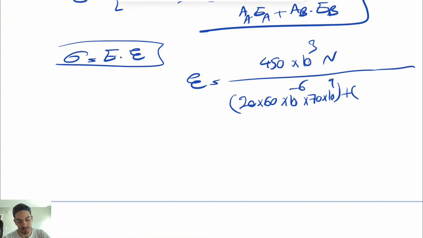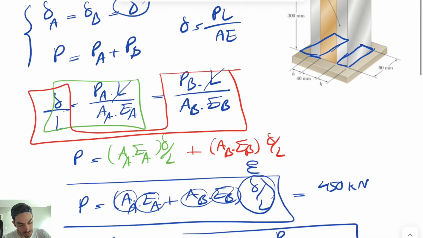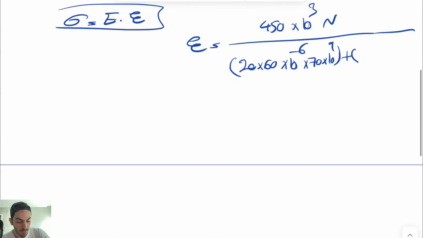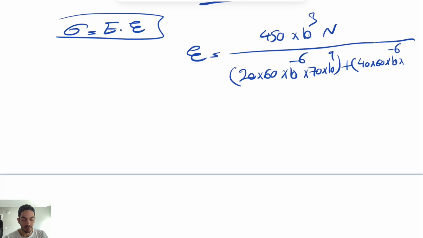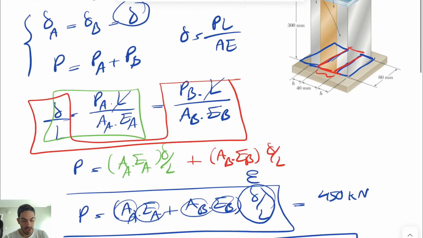I'm just going to have the same thing for brass. What we need for brass is a different rectangle, this one, where one side is 40 and the other side is 60. So 40 times 60 times 10 to the minus 6, again for the unit conversion of the millimeters.